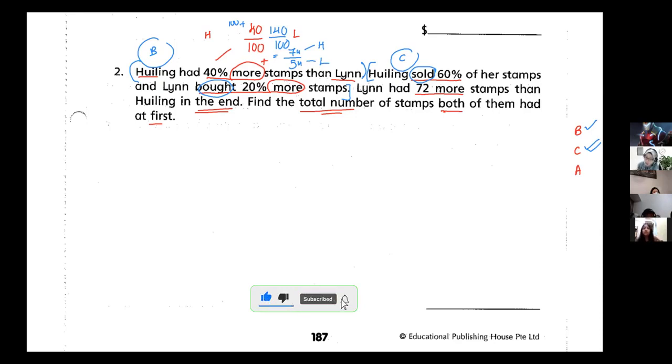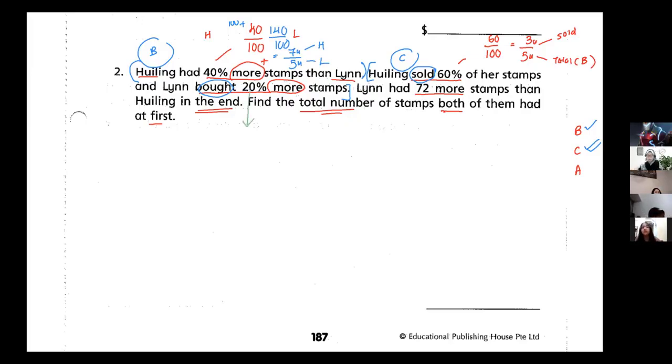Now let's convert all these different percentages. 60% means 60 over 100, simplified to 3 over 5. Units, units. What does 3 mean? 3 means what she sold. 5 means her total before. Now we move on to the 20% more.